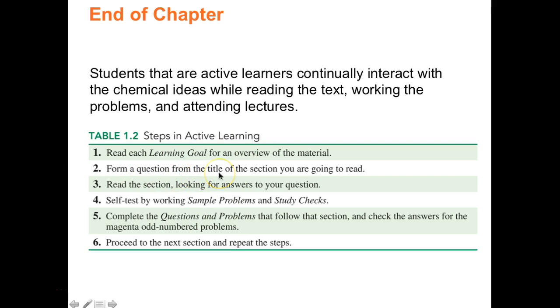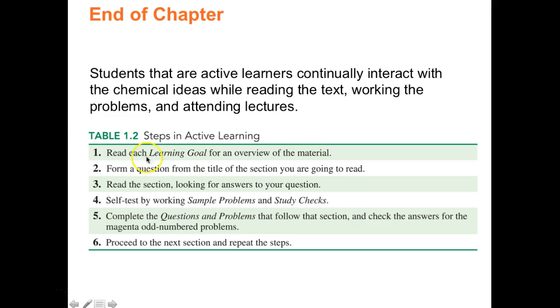Formulate questions. Whatever you learn, a good way is to take that and make a question out of it. So formulate your own questions and answers, and again, that's another way to learn the material. Once you formulate your question, go about finding answers to it. That's a way of self-testing.